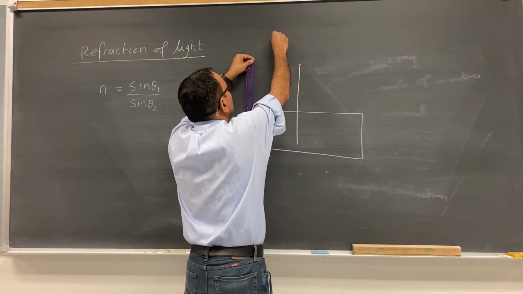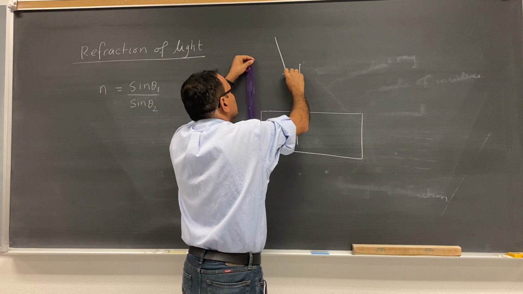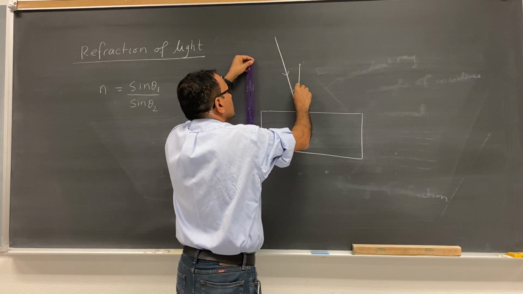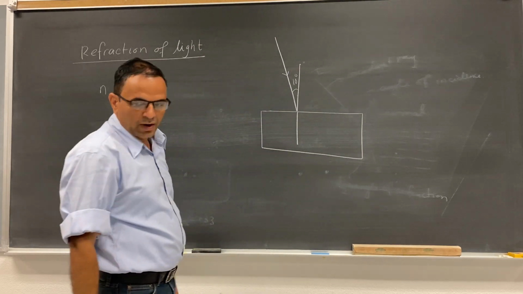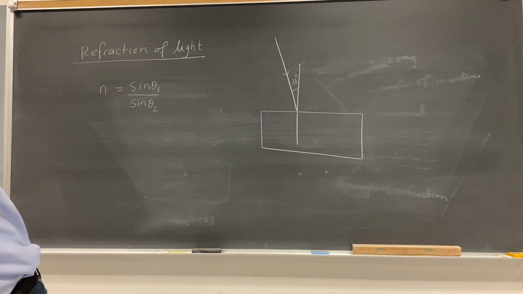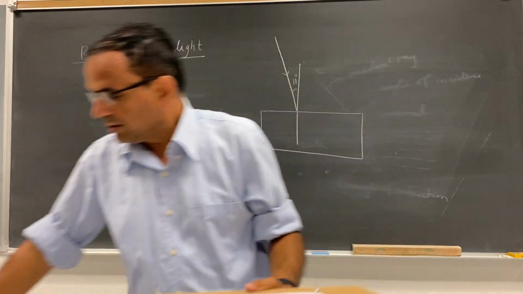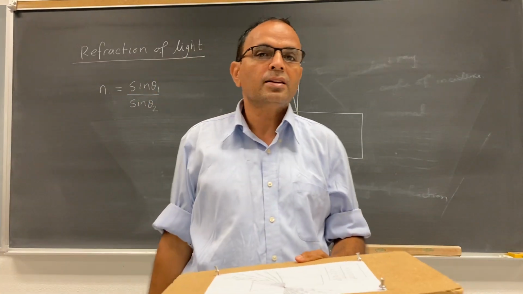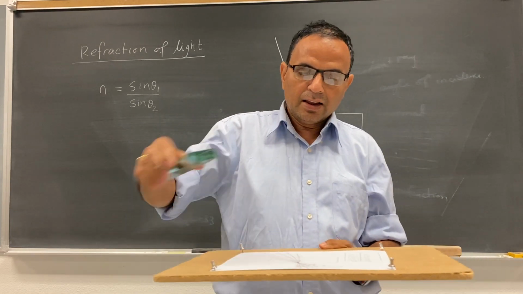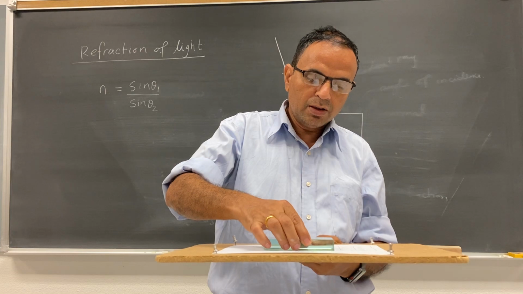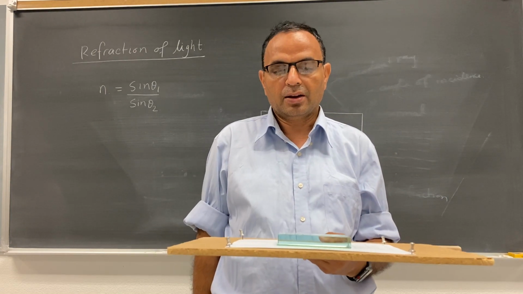Let us consider this is the incident ray, and you make this angle 10 degrees. Again, you have a cork board, you draw the outline and make a 10 degree angle of incidence, and again you keep the glass slab there.